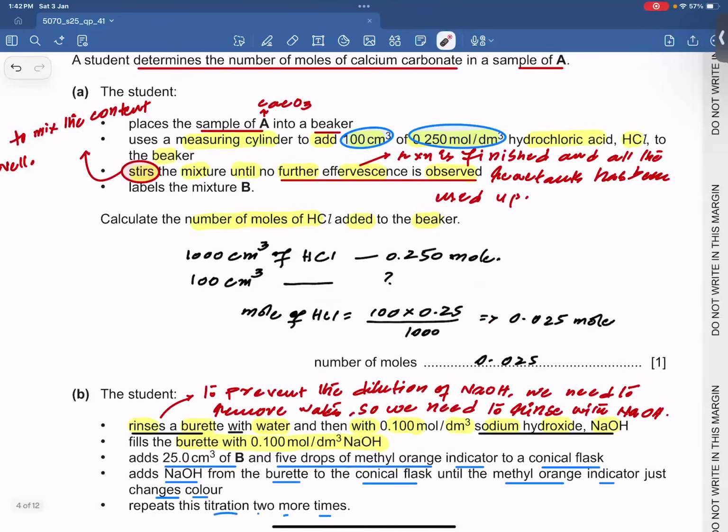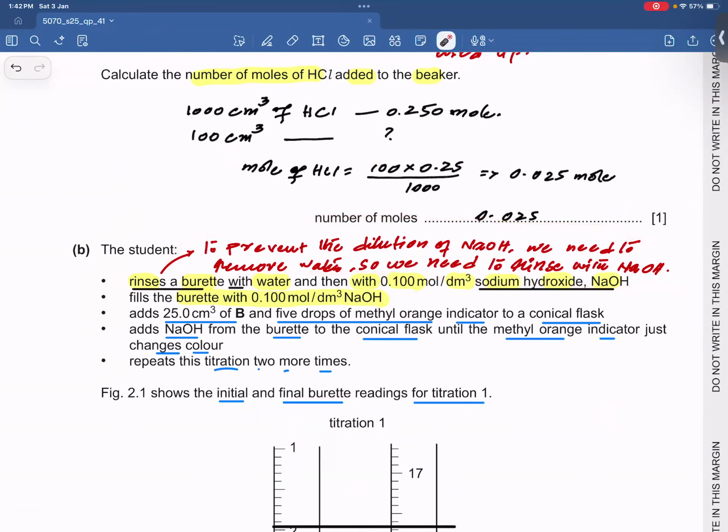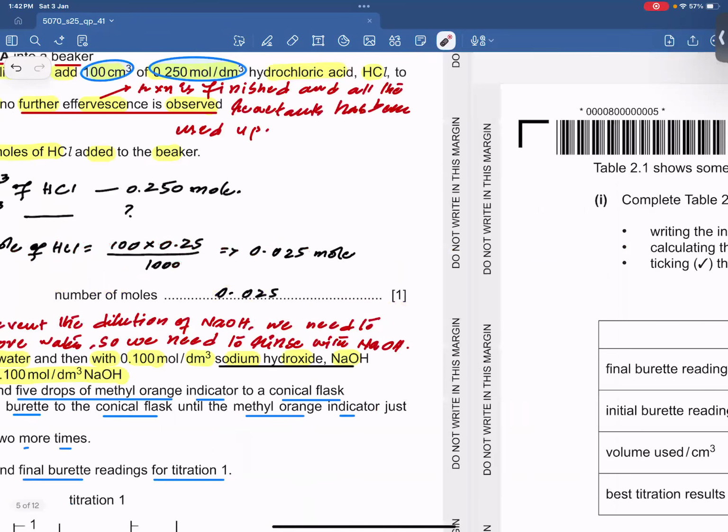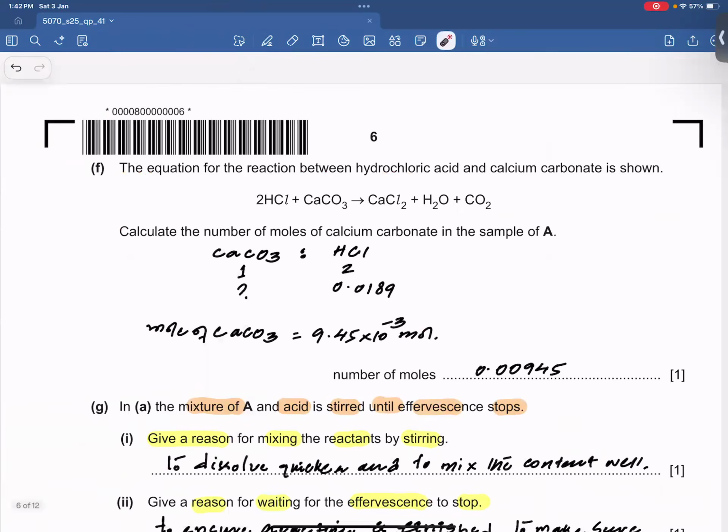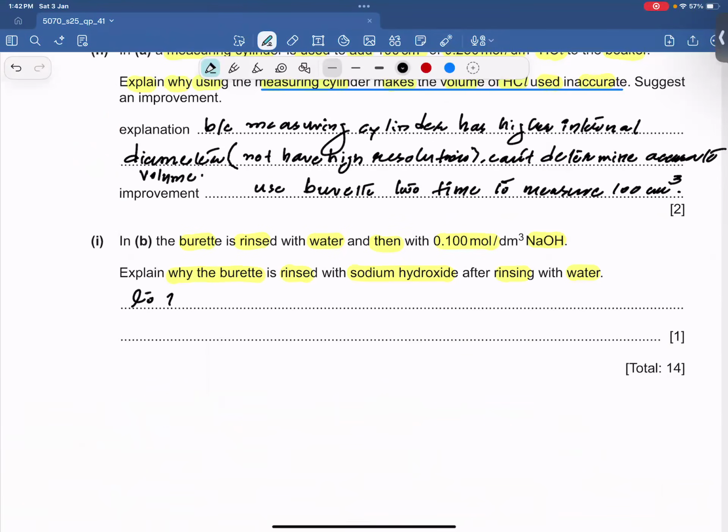To prevent the dilution of NaOH, we need to remove water. So we have to rinse the burette with NaOH.